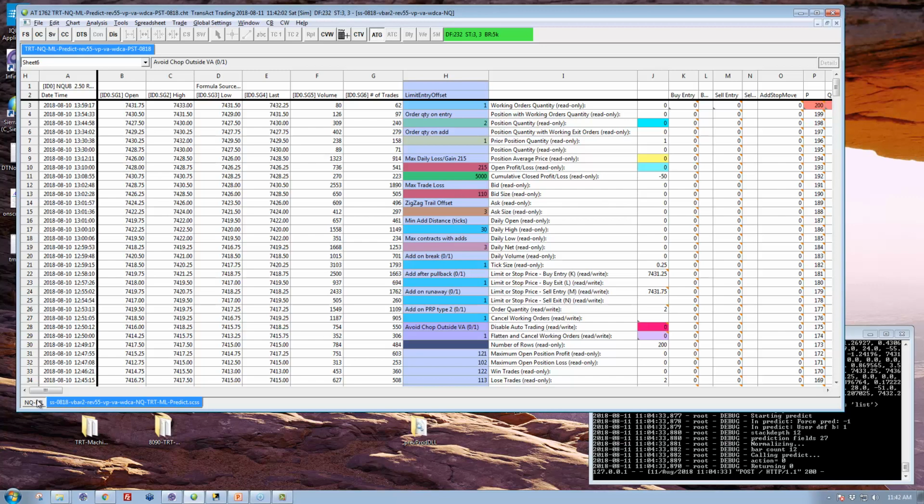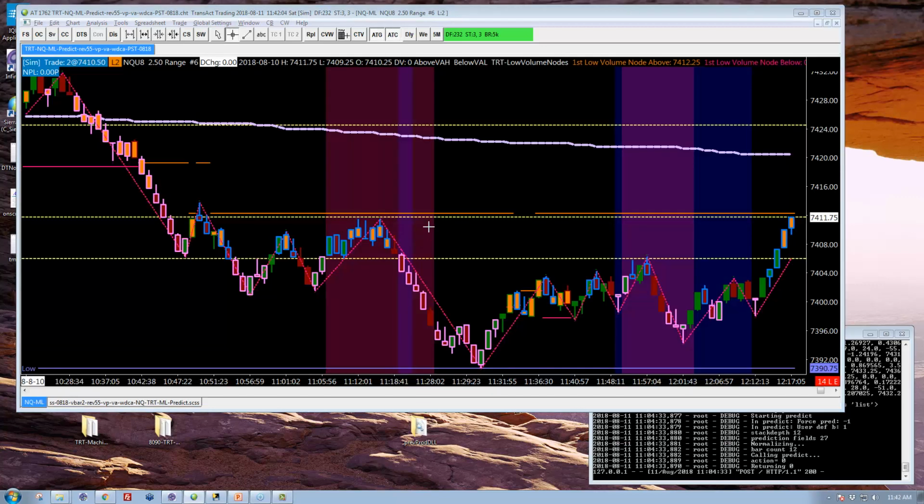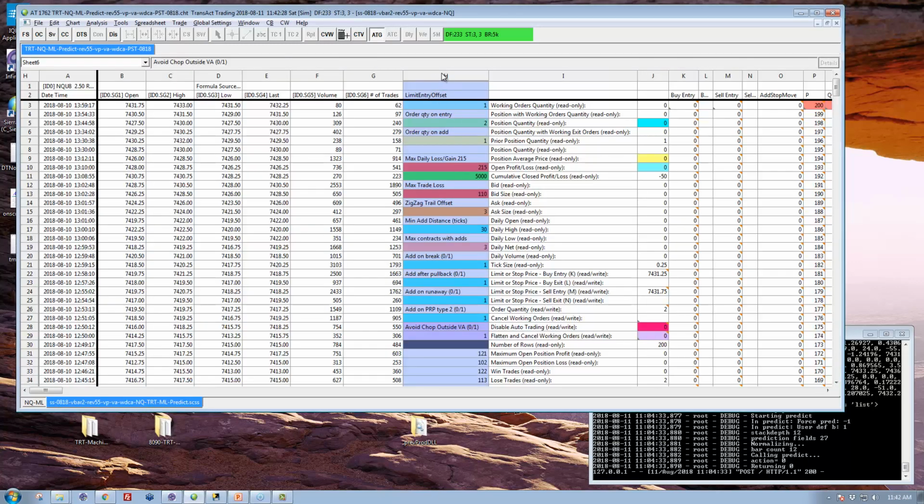I checked with the programmer to make sure that he compiled the DLL with a lower version, and his version is in the 40s, so everyone should be fine. You don't need to update SC. And in fact, if you have upgraded to 1785, roll back, because people are reporting problems with the spreadsheet.